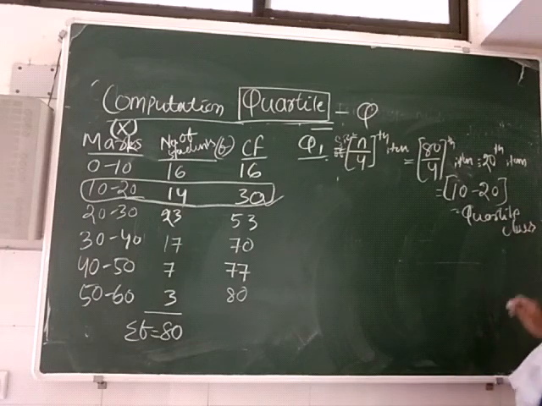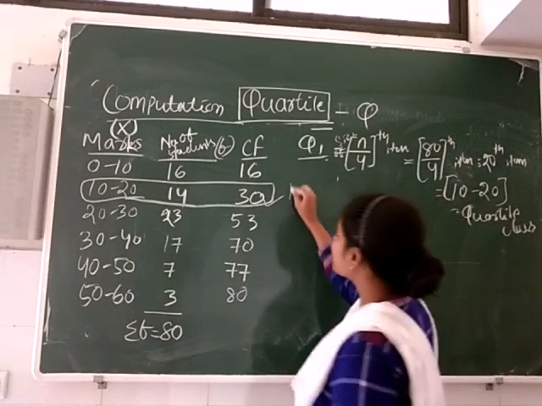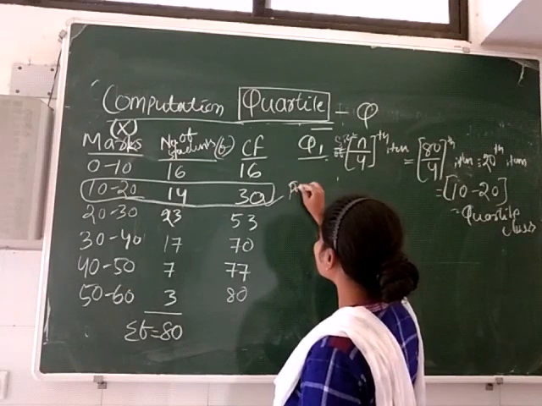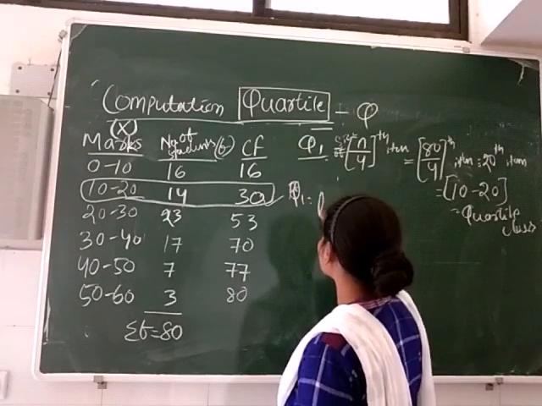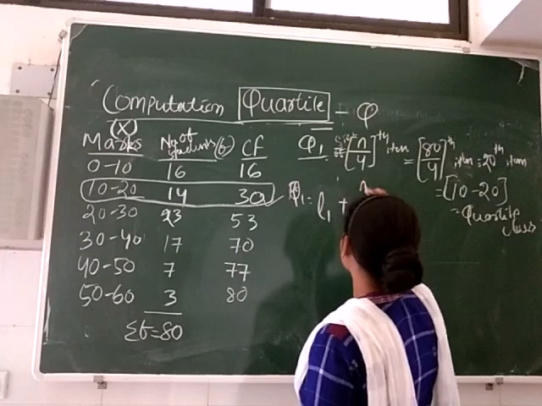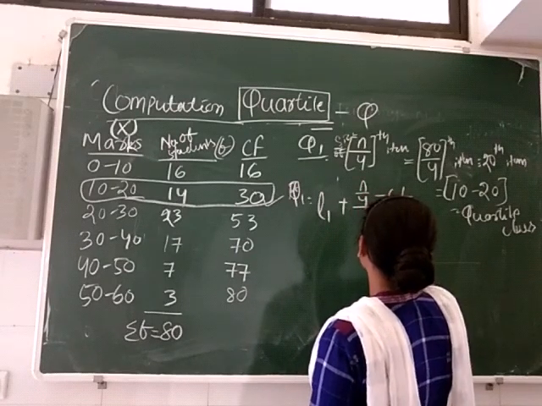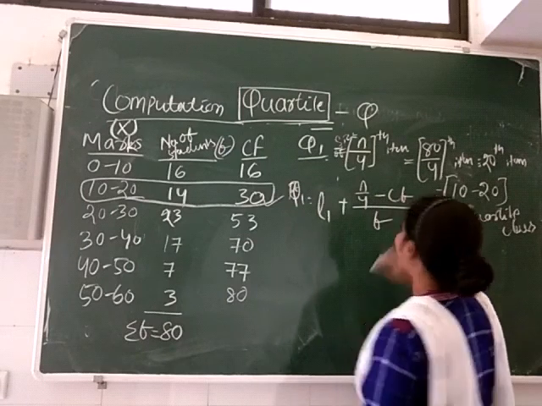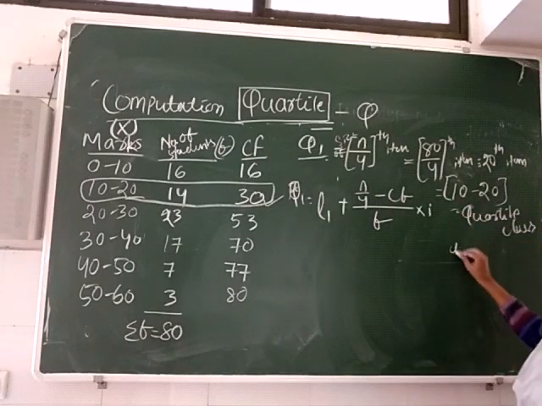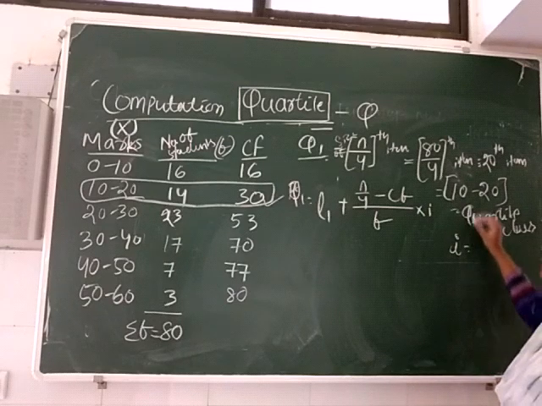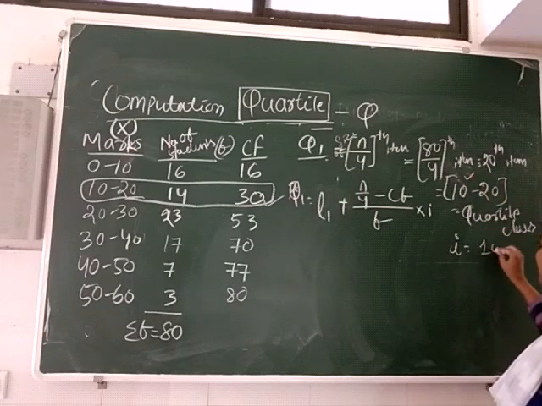After getting the quartile class, we put the formula. So the formula of Q1 equals L1 plus n by 4 minus CF by F into I. Here L1 is the lower limit of the class, so the lower limit of the class is 10.